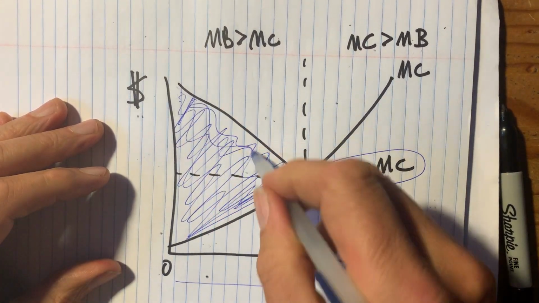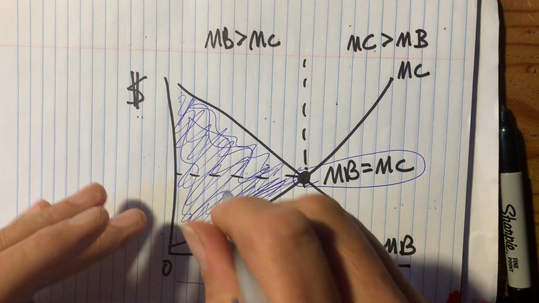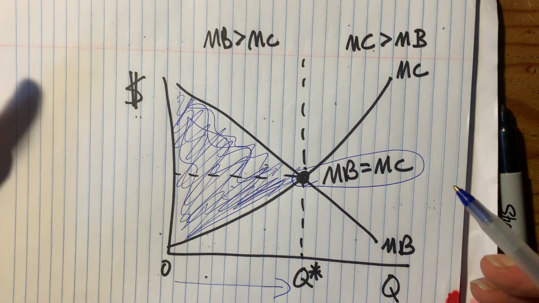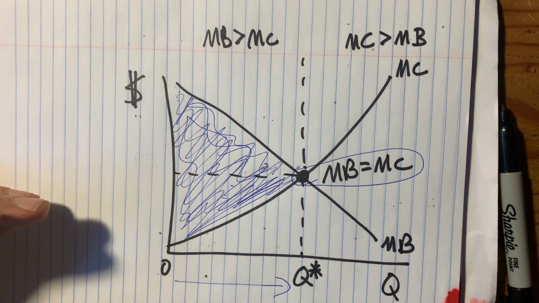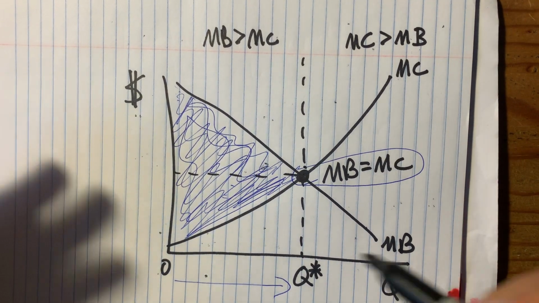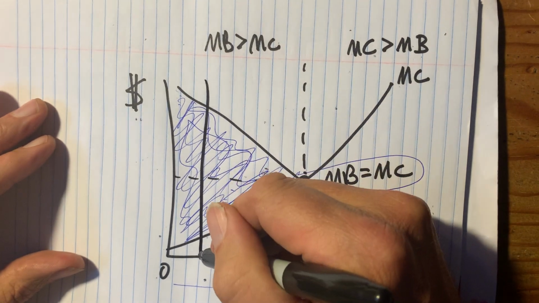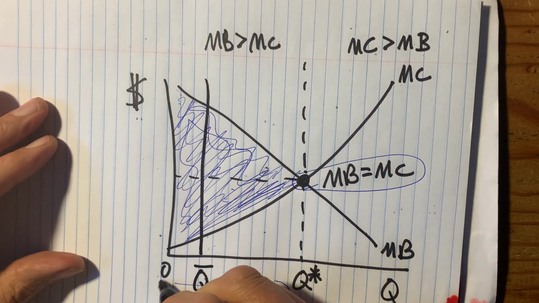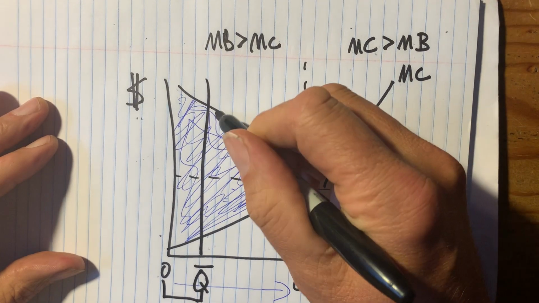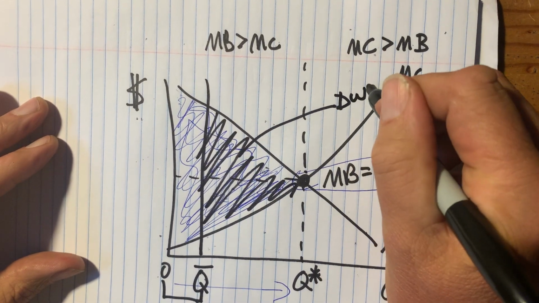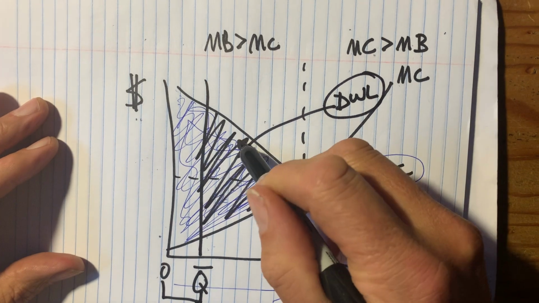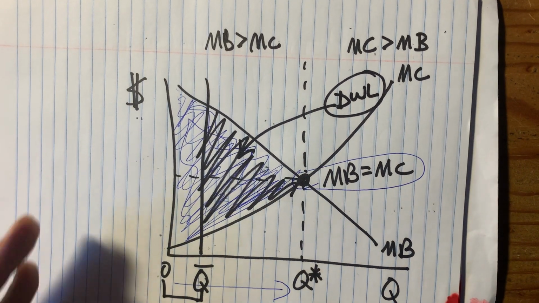But all those gains from consuming are going to you because those are your costs and those are your benefits. And so now if I say, I'm sorry, you can only consume Q bar, you can only consume that amount, again, this represents deadweight loss, but that deadweight loss is strictly to you.